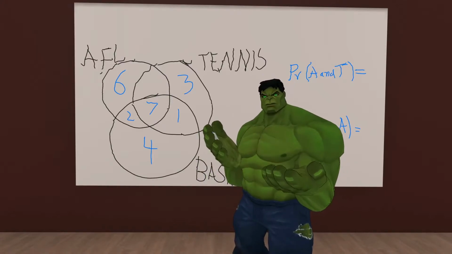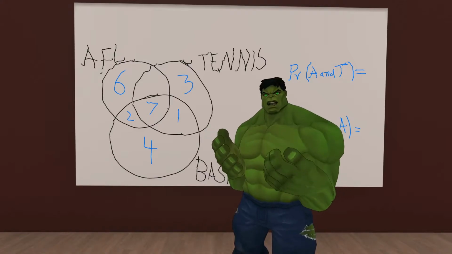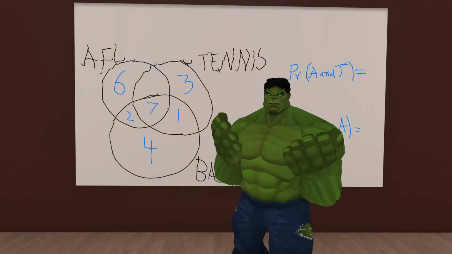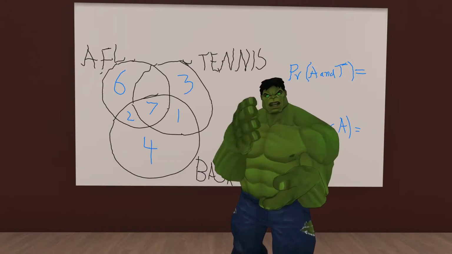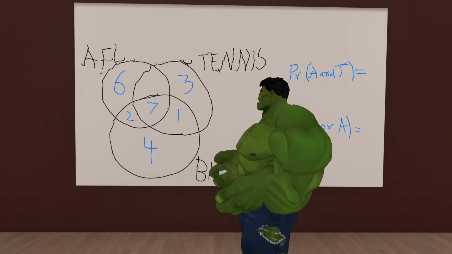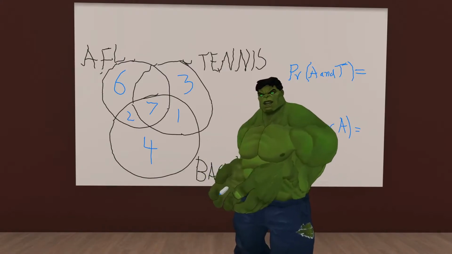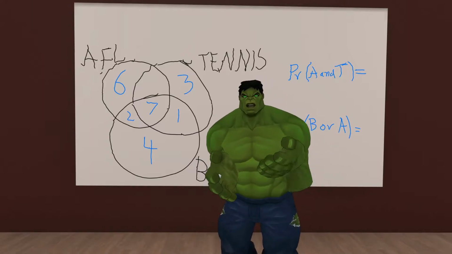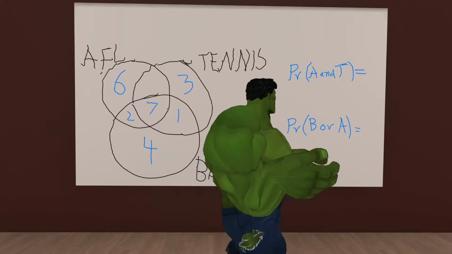So firstly, we are going to introduce a new symbol. And it's almost like an upside down U. So for our probability of A and T, we're going to be writing it like this.